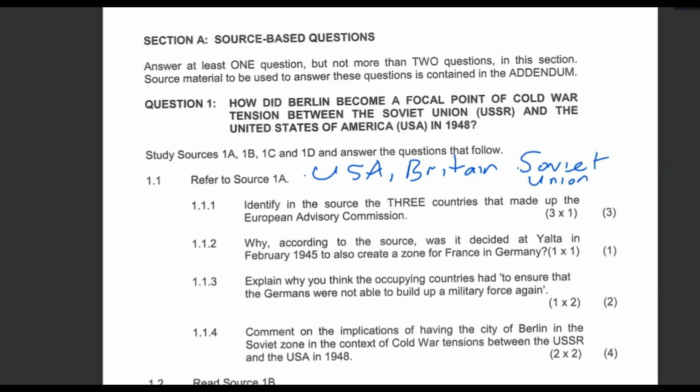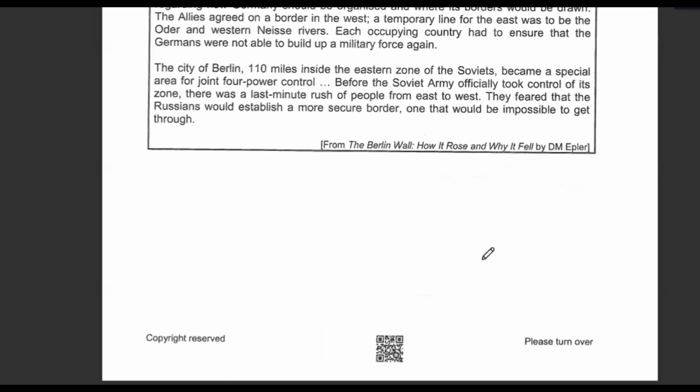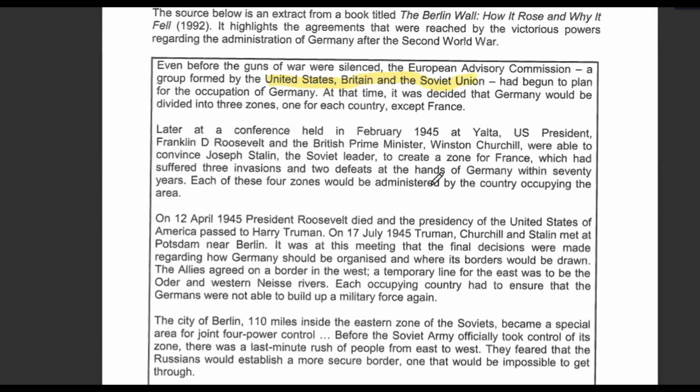Now let's move on to the next question. Why, according to the source, was it decided at Yalta in 1945 to also create a zone for France in Germany? Why was it agreed at the Yalta Conference to create a zone for France in Germany? So we refer back to the source. We go back to our source, then we look for the answer in our source.